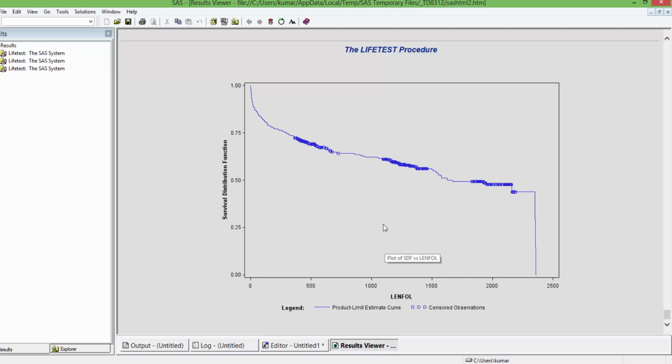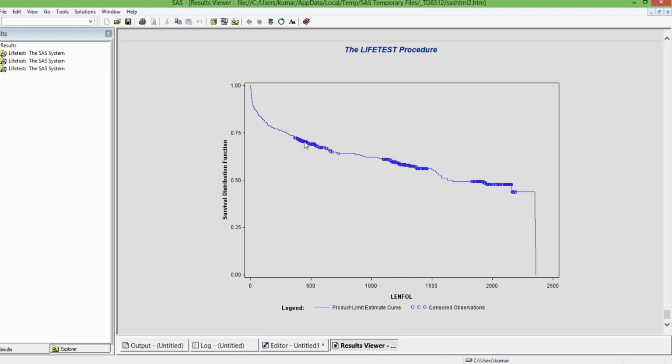You can see on the screen, the axis is the survival distribution function, which takes values from 0 to 1. It's nothing but the probability. At time 0, everybody is surviving, so the probability of survival is 100%, or 1. But as time goes, the probability goes down gradually, and by the 500th day of the study, you can see 25% of the population have already died.